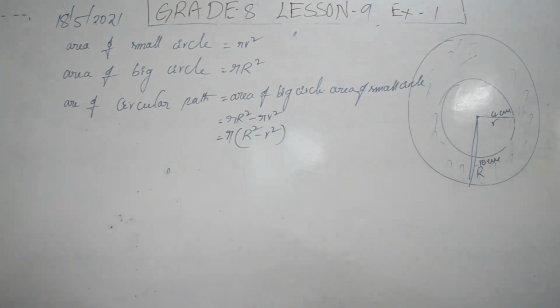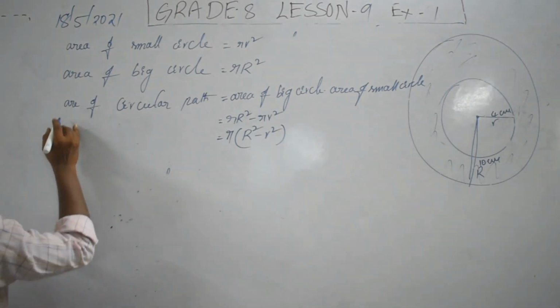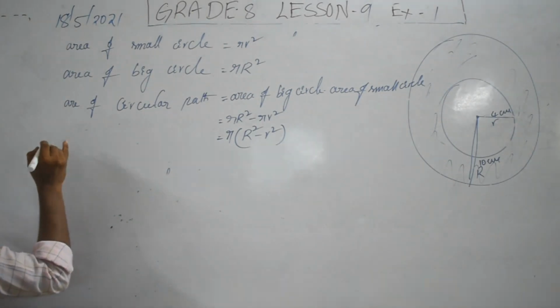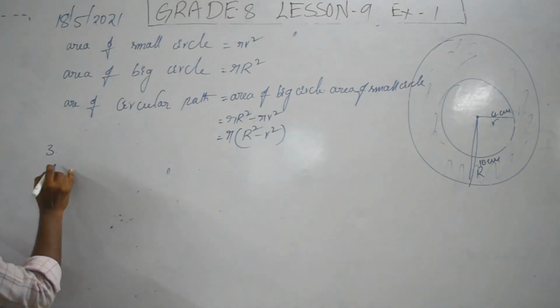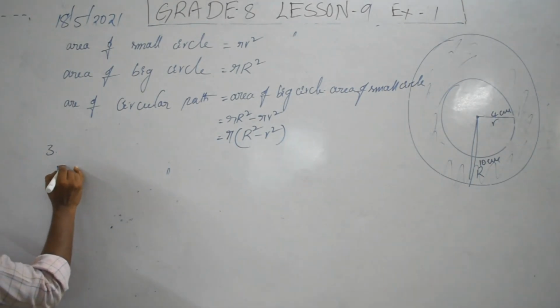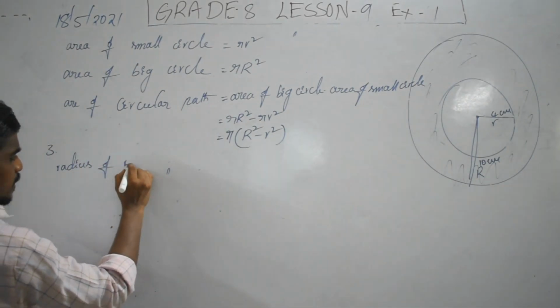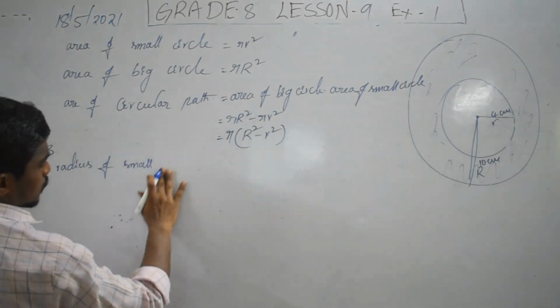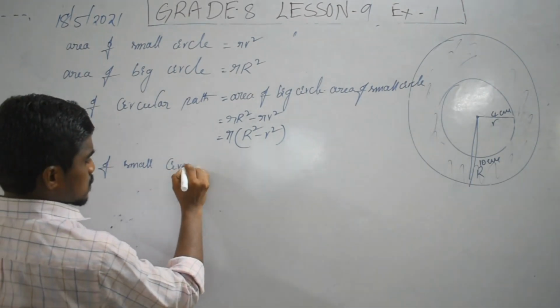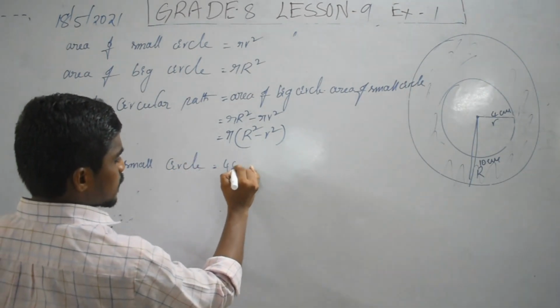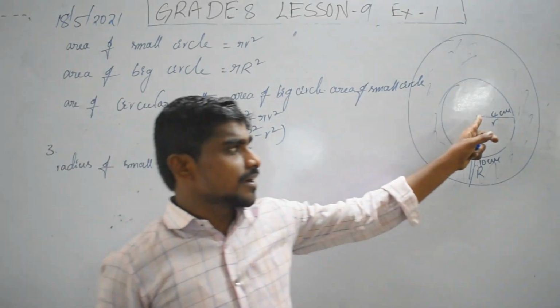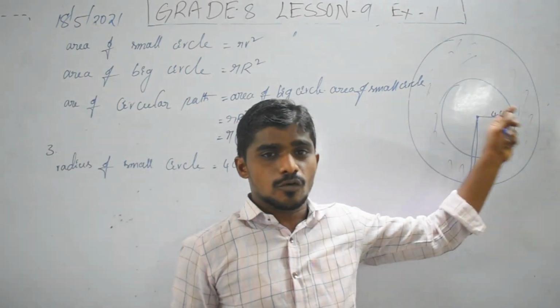See, like example 3. The radius of the small circle, how much? 4 centimeters. Now the radius of this small circle is 4.